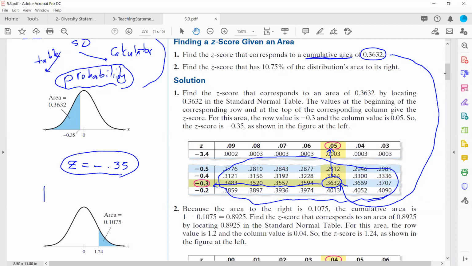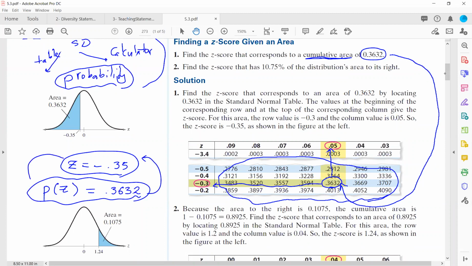And the probability of Z less than or equal to negative 0.35 is equal to 0.3632. So you either have your probability and you find your Z, or you have your Z and you find the probability to the left-hand side. The same process using your table, or you can use your calculator.